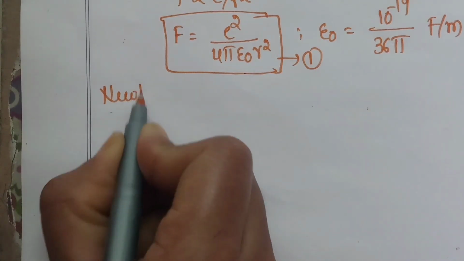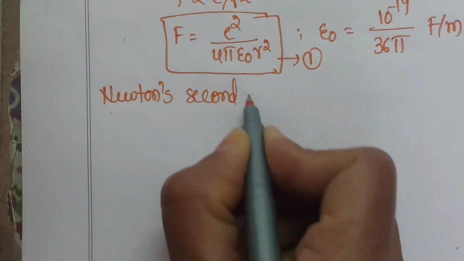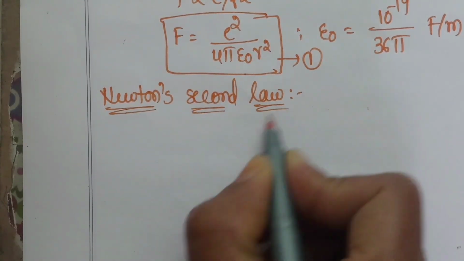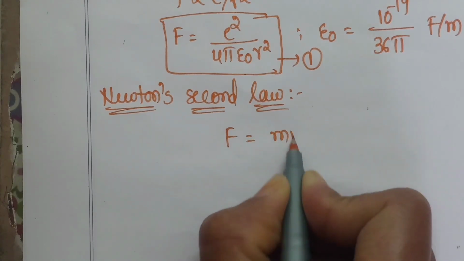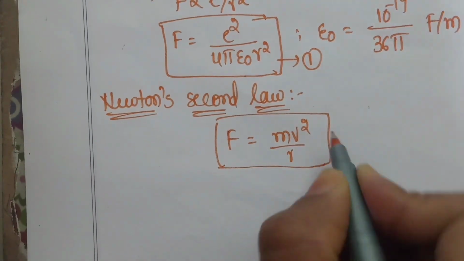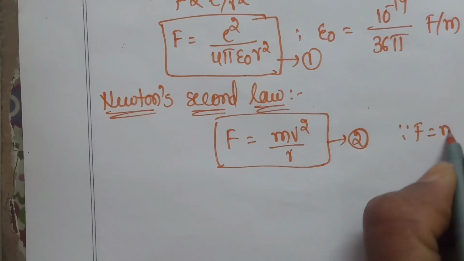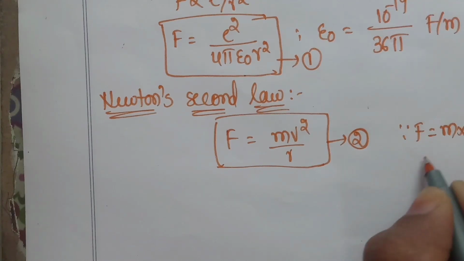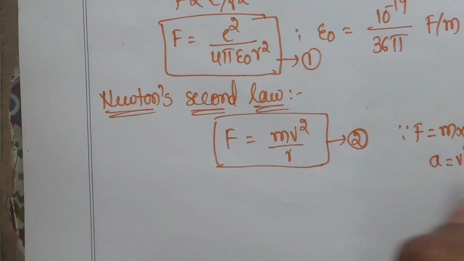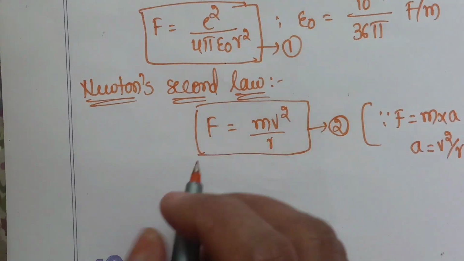According to Newton's second law of motion, F must be equal to mv square by r. Consider this equation as number 2. Since F is equal to mass into acceleration and acceleration is equal to v square by r, we get F is equal to mv square by r.